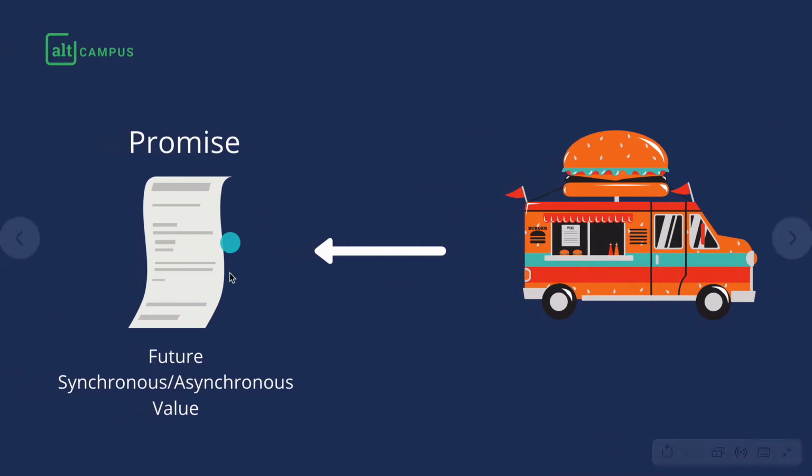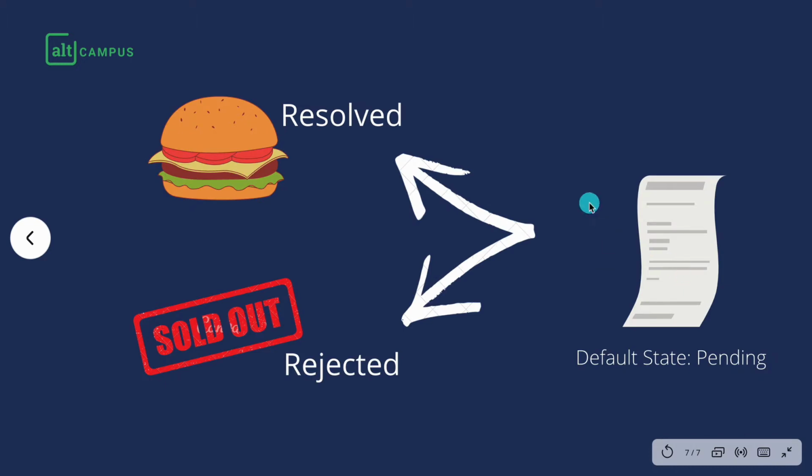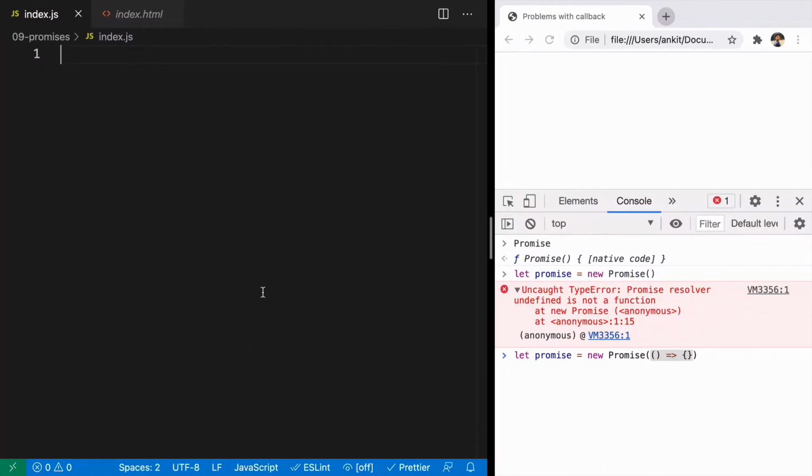So when you take a look at it here, you can think of this promise as this receipt. It is about a future value that can be synchronous or asynchronous. But the important thing is, this receipt can resolve into a burger or can get rejected into sold out. Similarly, different kinds of values can resolve into different stuff and get rejected in a different way. And that is what gets decided by this callback function.